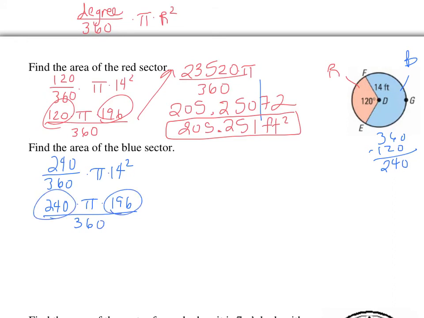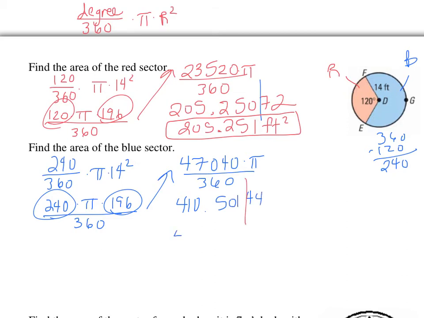Combine my two numbers together and multiply those, and I end up with 47040, and then still times pi over 360. When I type all that in my calculator, I get 410.50144. When I round it, it stays 501 since the 4 is not bigger, and then this is still feet squared.